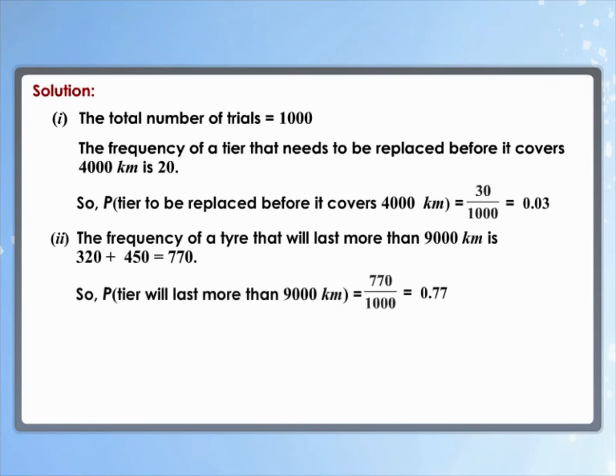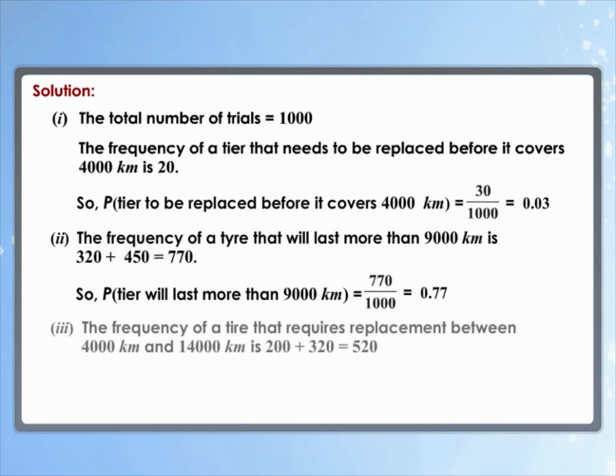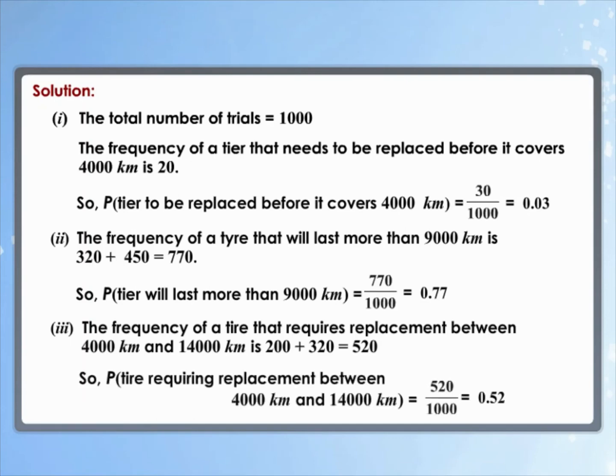So P of tire will last more than 9,000 kilometers is 770 by 1,000, which is equal to 0.77. The frequency of a tire that requires replacement between 4,000 kilometers and 14,000 kilometers is 200 plus 320 equals 520. So P of tire requiring replacement between 4,000 kilometers and 14,000 kilometers is 520 by 1,000, which is equal to 0.52.